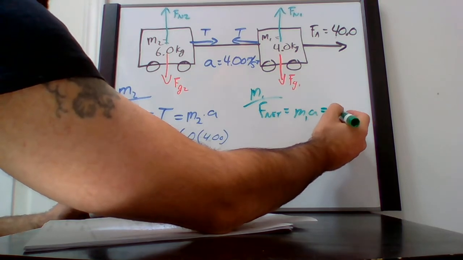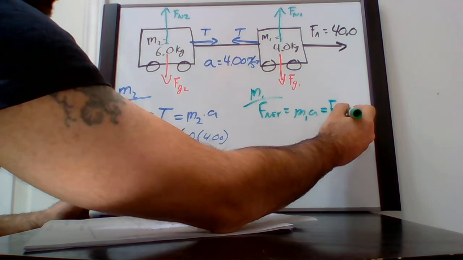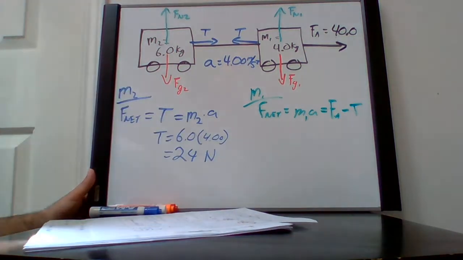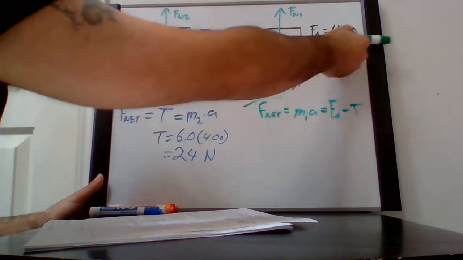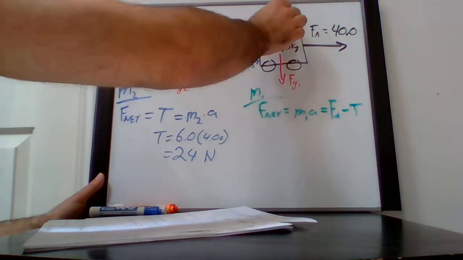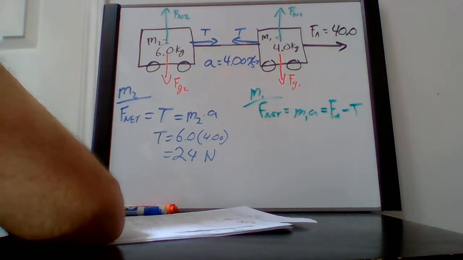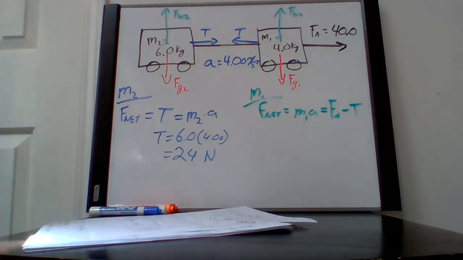This is also going to be our F applied minus our tension. Because if we're looking at just this one mass, we have the applied force going to the right, our tension going back to the left, and then our vertical Fg and Fn cancel each other out.